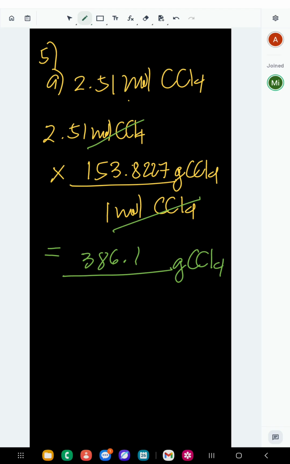Then for the next one, you convert 0.987 mole of NaBr. That is mole, right? Mole of NaBr.